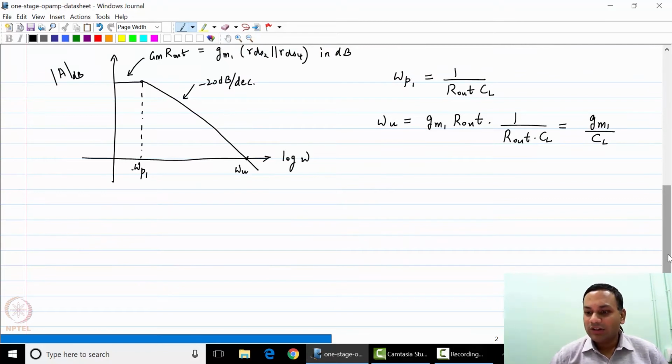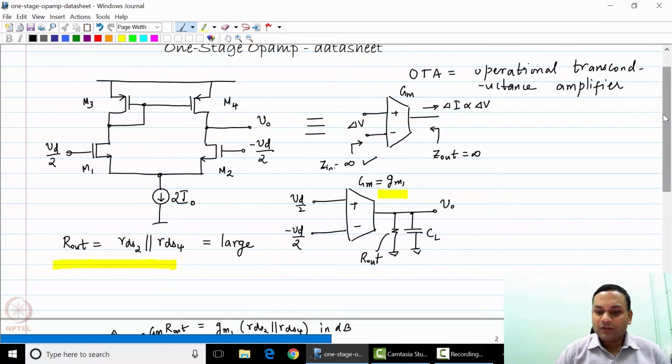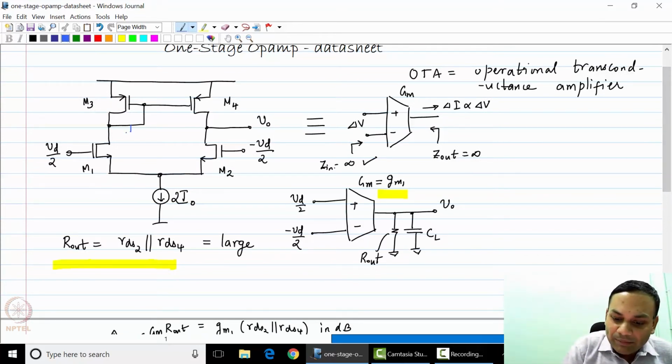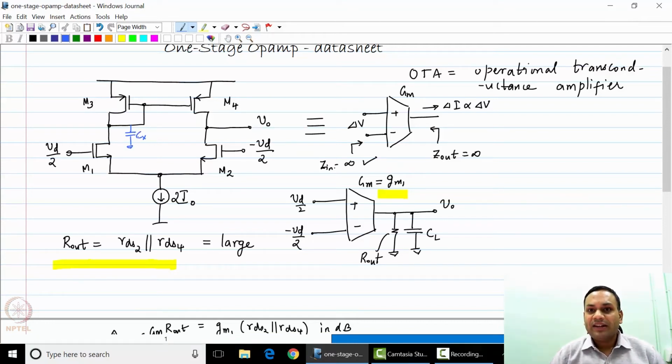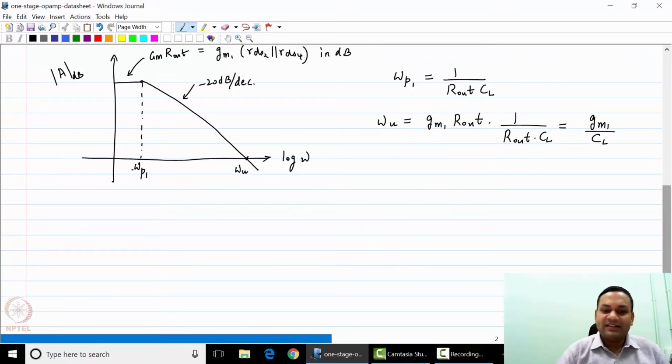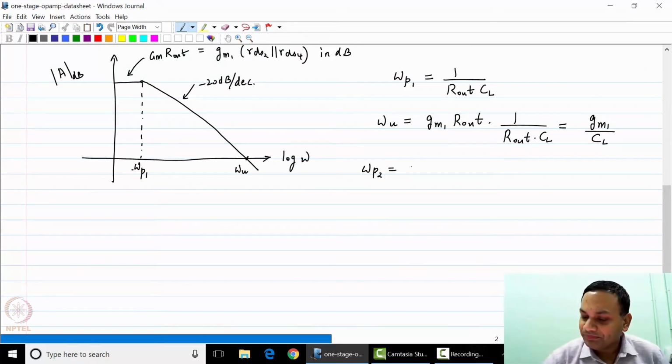Now, this op-amp has a couple of more non-idealities. As we have studied before, there is some parasitic capacitance here which we'll call Cx. This op-amp also has a second pole at, since we are plotting only for positive frequencies, I'll just show the positive value.